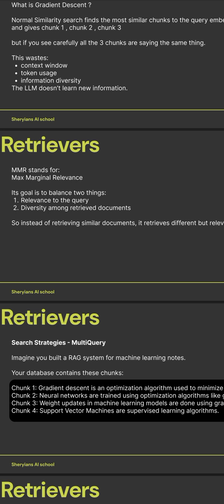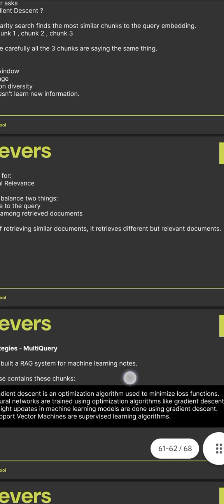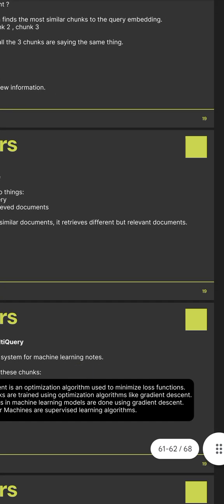MMR stands for maximal marginal relevance. Its goal is to balance two things: relevance to the query and diversity among retrieved documents. So it gives you different information. Instead of retrieving similar documents, it retrieves different but relevant documents.